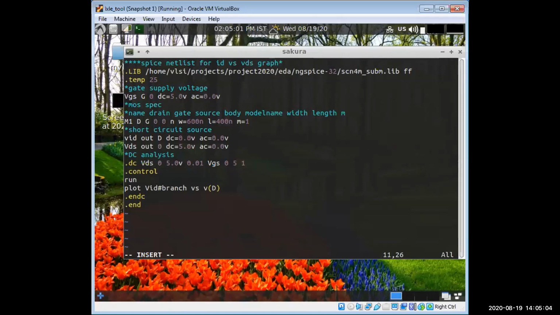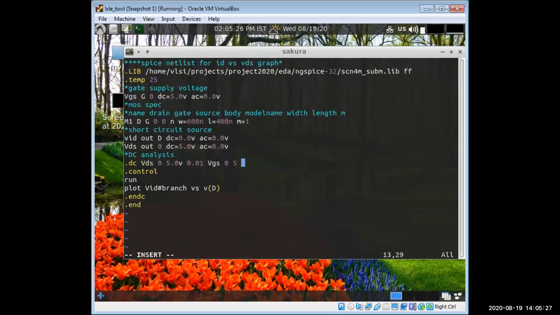So the positive terminal of the VID source is connected actually to the positive terminal of VDS. Then VDS comes to the ground. Then the DC supply voltage is 5 volts.